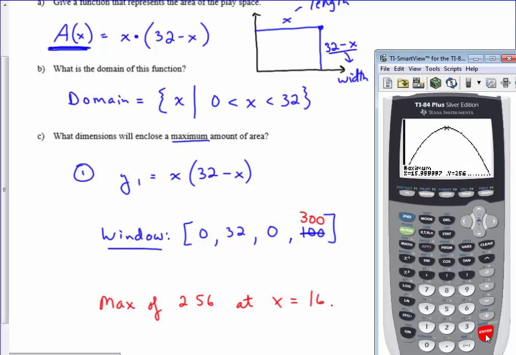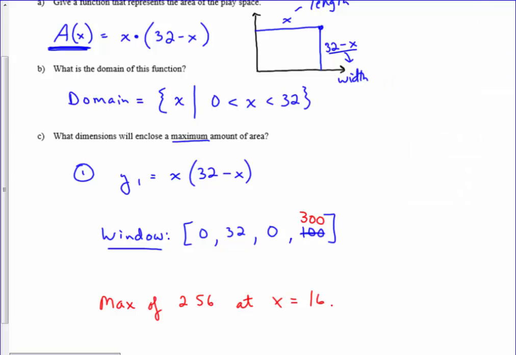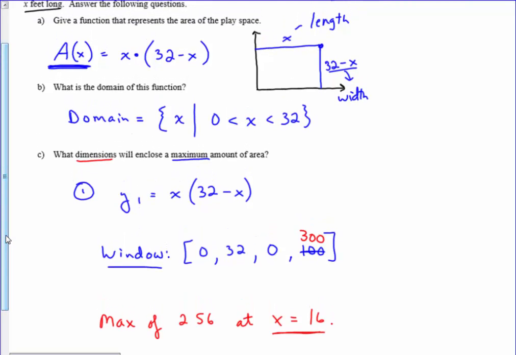All right, from here we're able to answer their question. I'm going to minimize my calculator so we can see what we're looking for. It wanted to know what dimensions are going to maximize the area. The x value that I found would be the original length of my play space.